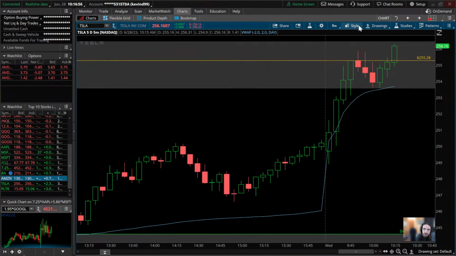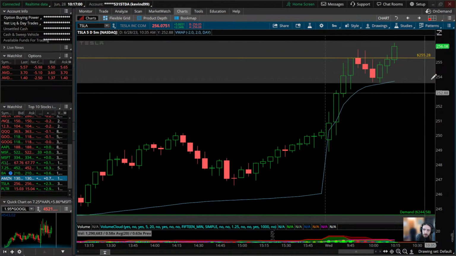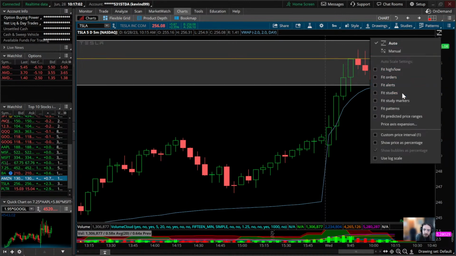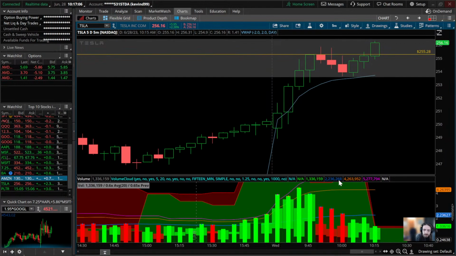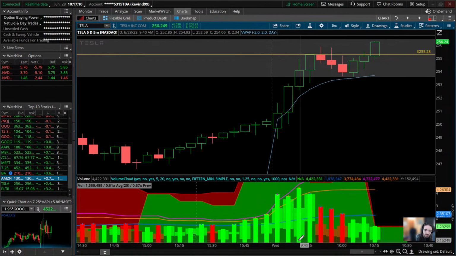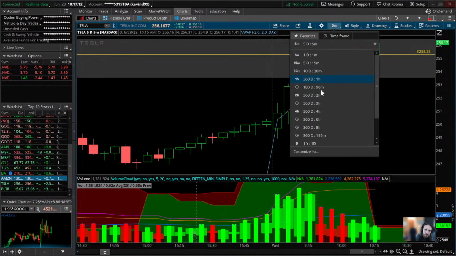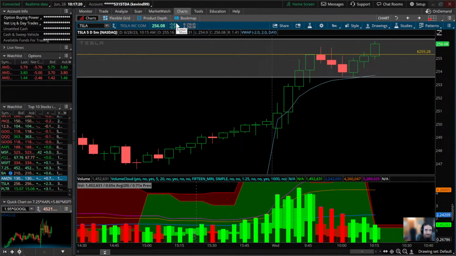Let's make this bigger and check out that volume, right? So this is heavy buying volume. So I'm not going to look to short Tesla, because remember also with the relative strength, Tesla is one of the strongest right now, with a 0.2% difference in the day, right?